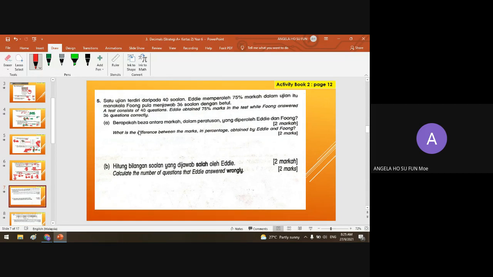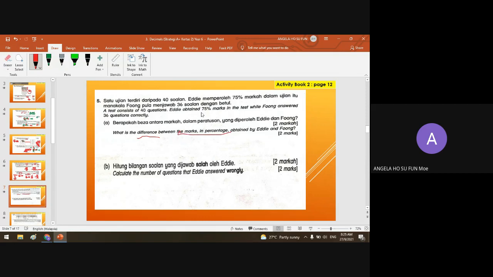Okay. Now A, what is the question asking? Question number 5. What is the difference between the marks? They want the marks in percent obtained by AD and Fong. Now look at here. First, they said difference. Second, they want marks in percentage.